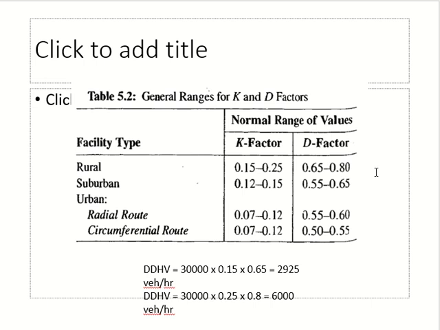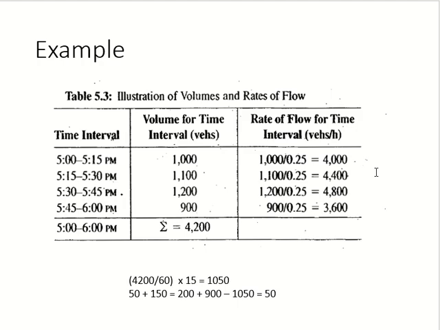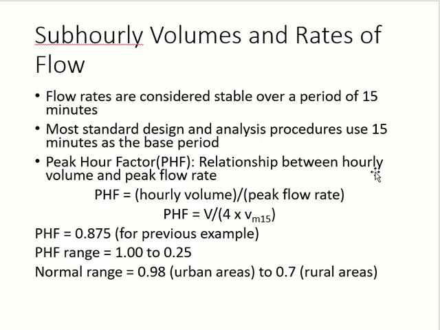You have to divide it by the peak hour factor. Your design value should be divided by the peak hour factor before you use it for design. If you don't, the same thing will happen which I showed you in that example. You will have that problem. So the peak hour factor accounts for the fluctuation which is happening in the hour.